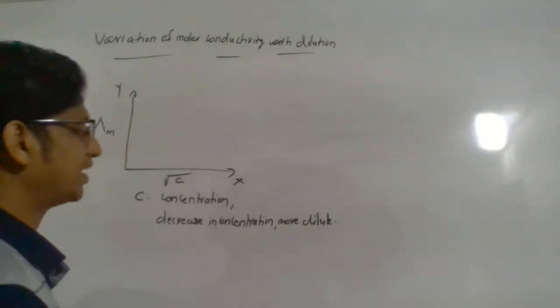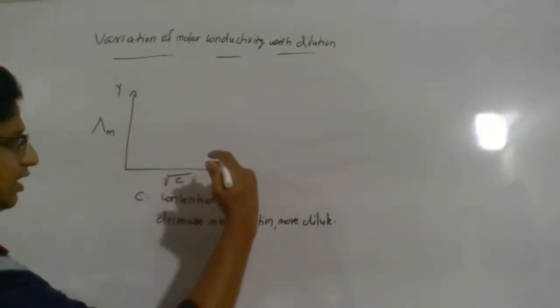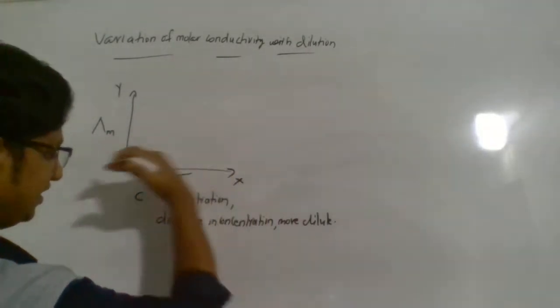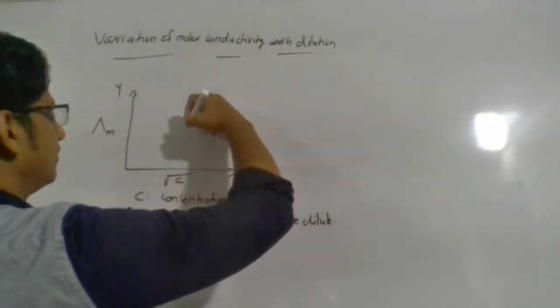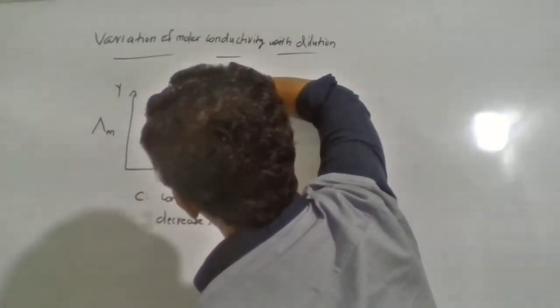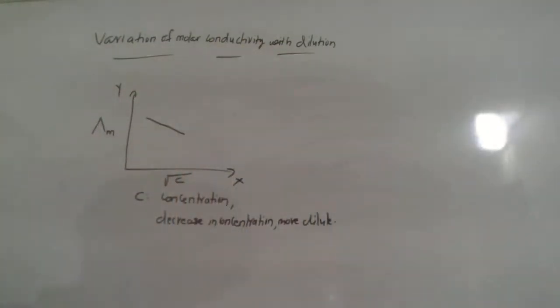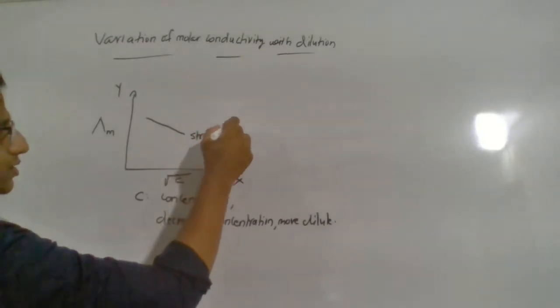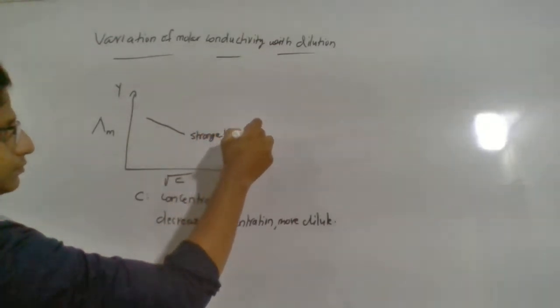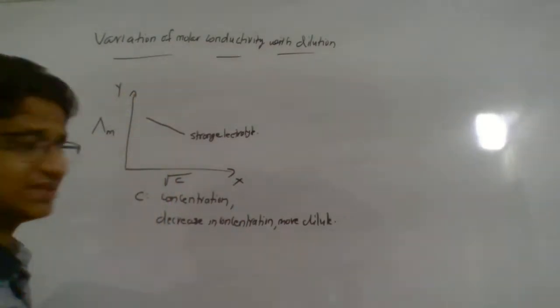Now how can you plot the graph for a strong electrolyte? It is observed that as you increase the dilution in this direction, the molar conductivity increases for a strong electrolyte. This is the case for a strong electrolyte. You will see a steady increase in the graph.